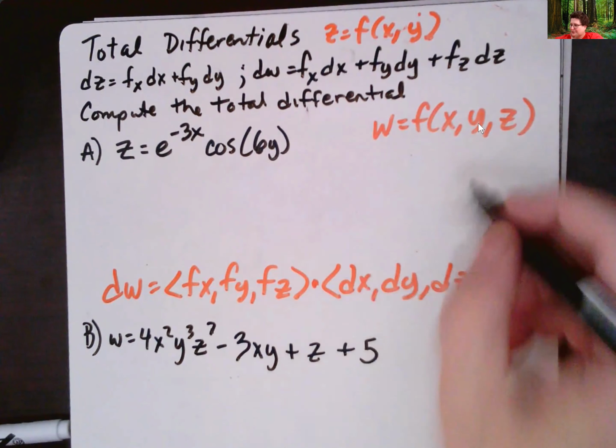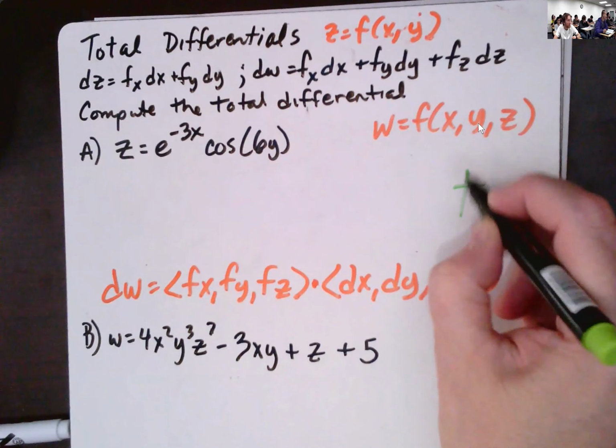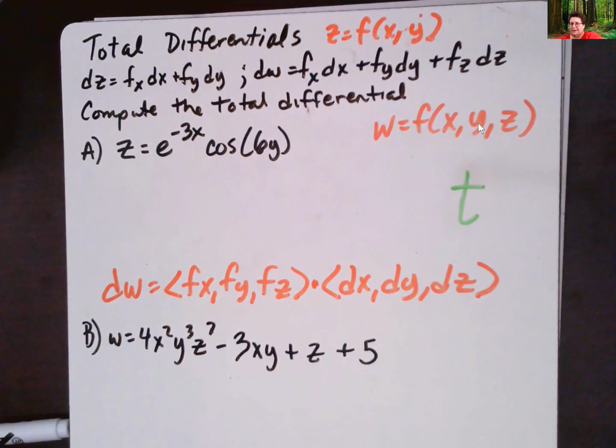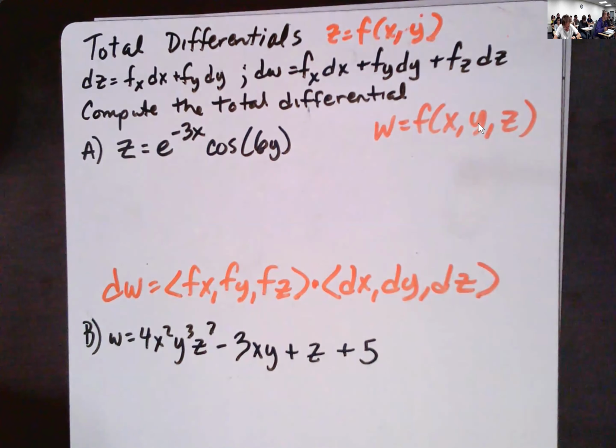Like my t's look like a plus sign, so I write typewriter t's. Actually, it's funny because I learned to do that last semester because we use t so much. I started drawing my t's with a little curve because they looked like pluses too much. I was like, this is getting really annoying.